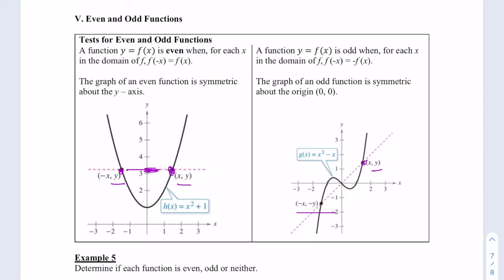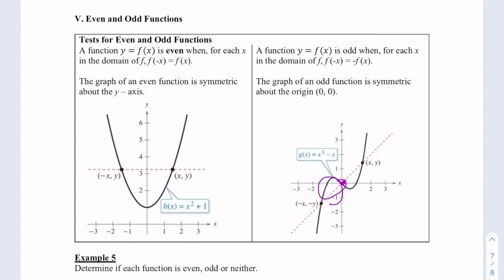Now, graphically, an even function is symmetric, means that I could fold it in half on the y-axis and it'll perfectly match. Whereas an odd function, it kind of looks like a rotation instead of a symmetry, but we say it's symmetric about the origin. So if I turn this 180 degrees, it'll look the same on the other side.